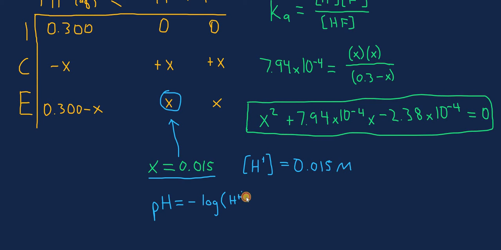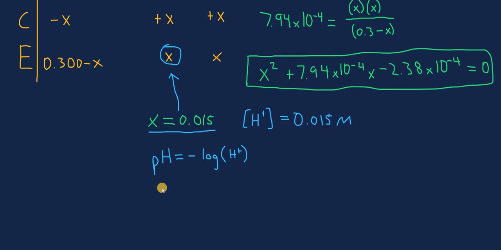So to take the pH of this, we would do pH is equal to the negative log of 0.015, which is our H plus concentration at equilibrium, and this will give you the pH of this solution of acid.